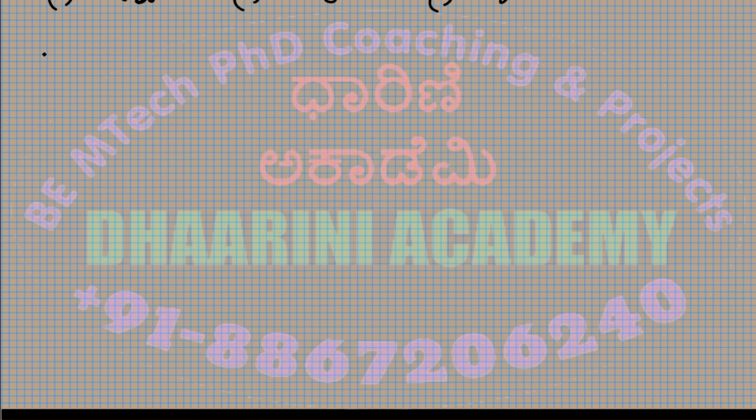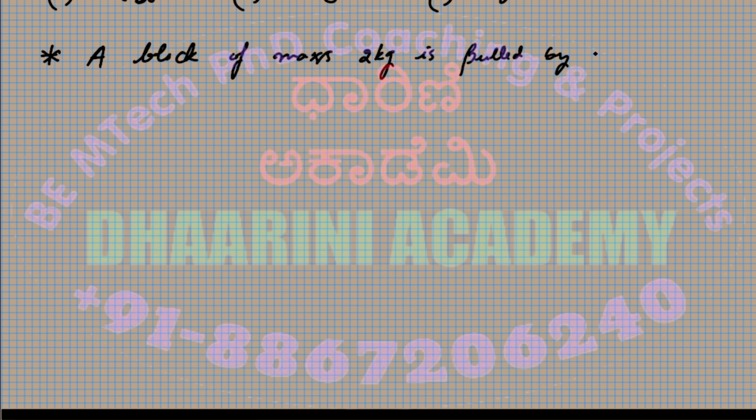Okay. Next question. A block of mass 2 kilograms is pulled by a force of 40 Newton upwards through a height of 2 meters.